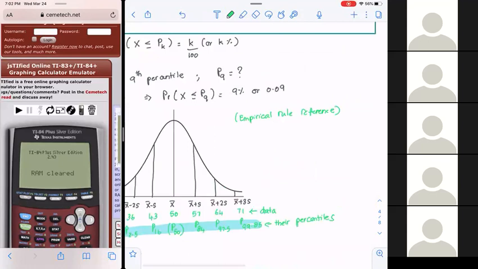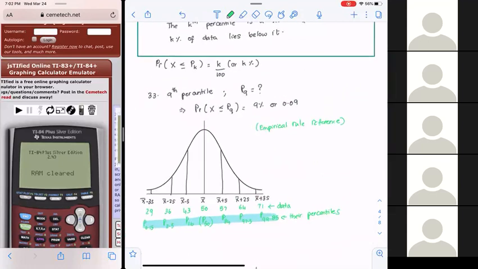If you look at the second vertical line on the left, the area below it is 2.5% because that corresponds to P2.5. The next one is P16, which means 16% lies below P16.